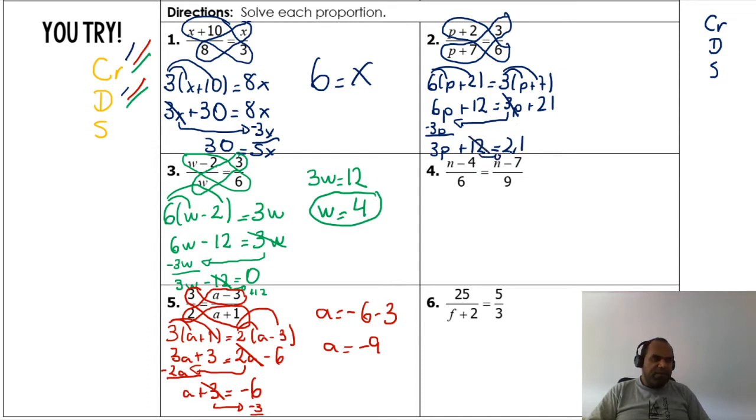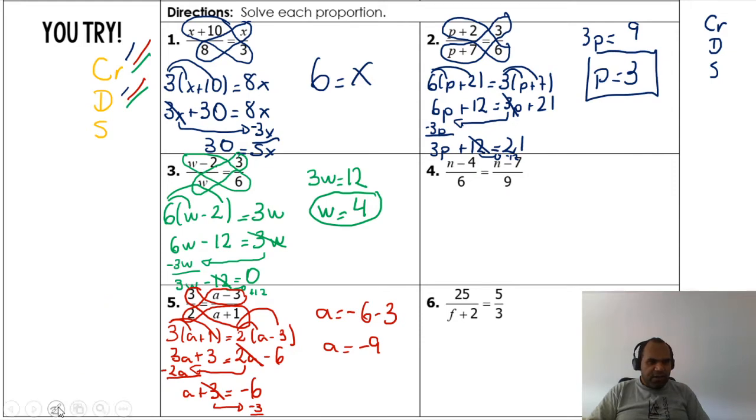The opposite of positive 12 is negative 12. 3p equals 21 minus 12. As you know, 21 minus 12 is 9. And 3p equals 9. How many times does 3 go into 9? I know it, p equals 3. Done, guys. Great, let's go to the next one.